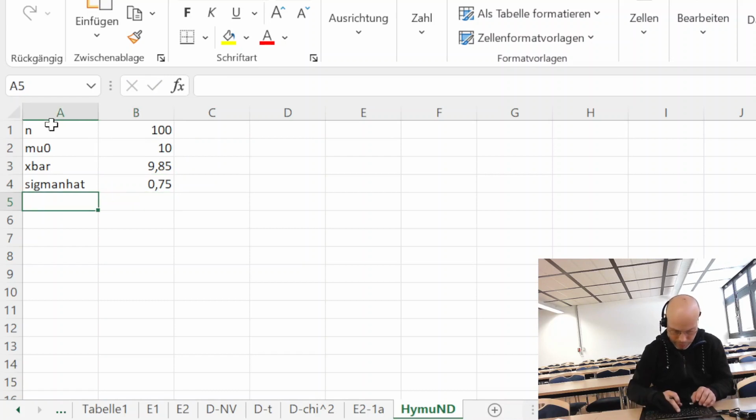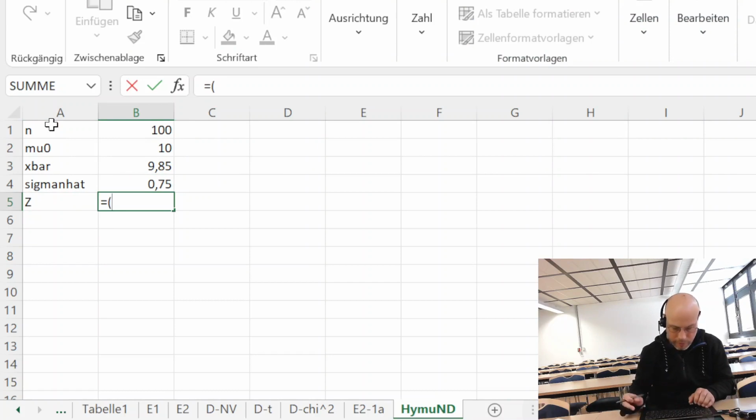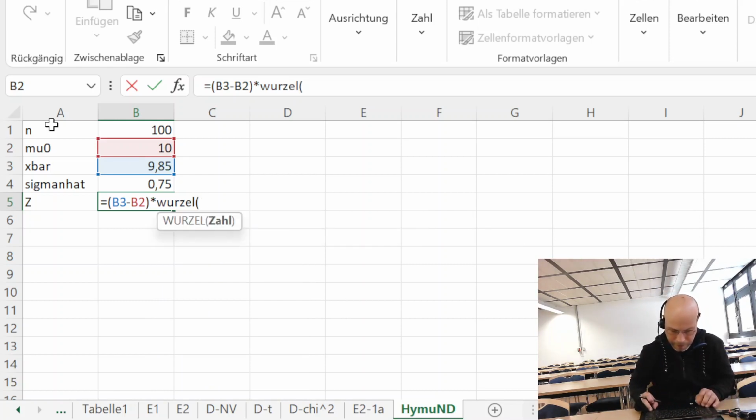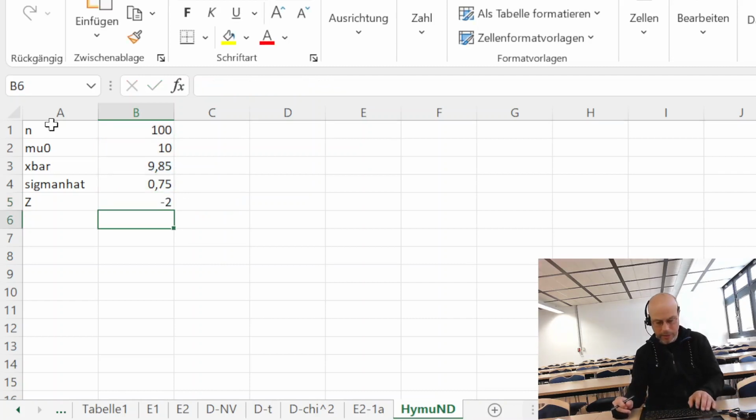Then I obtain: bracket opening, 9.85 minus 10, times square root of n over sigma hat, equals minus 2.